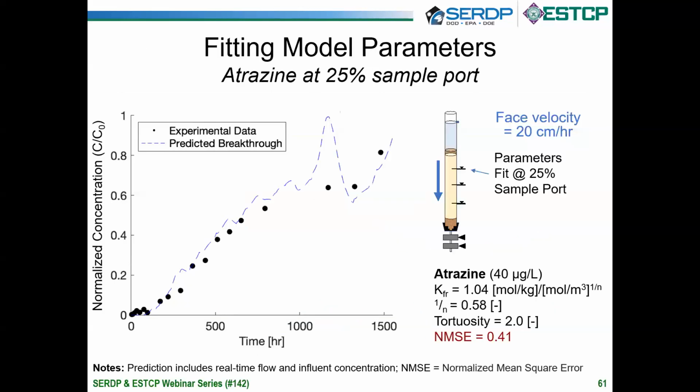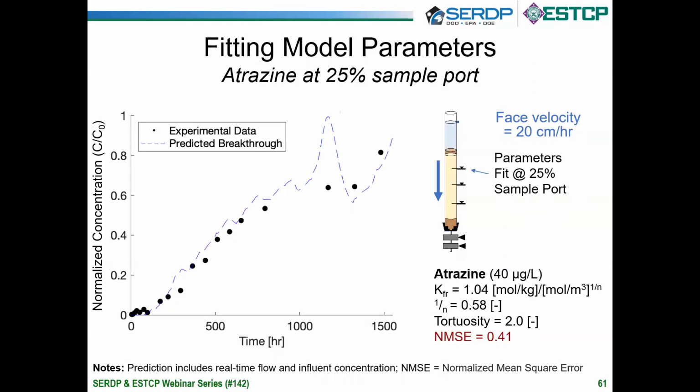So this shows fitting for model parameters. Again, atrazine, 25% port, 20 centimeters an hour phase velocity. And from this, we back out the Freundlich coefficients and the tortuosity factor.